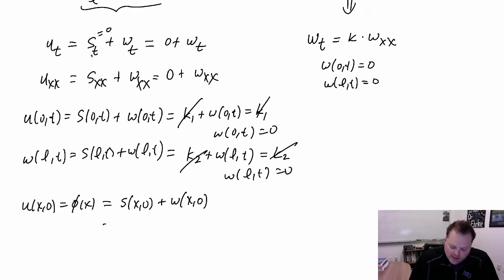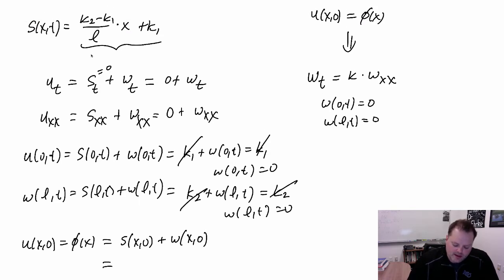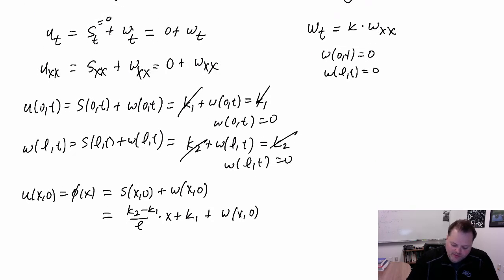We're not going to get off quite as easy here. If I make t equal to 0 in s, nothing changes because there are no functions of t here. So setting t equal to 0 in this doesn't make any difference at all. So this is going to be (k2 minus k1) over L times x plus k1, plus w of x, 0. All of that is equal to phi of x.